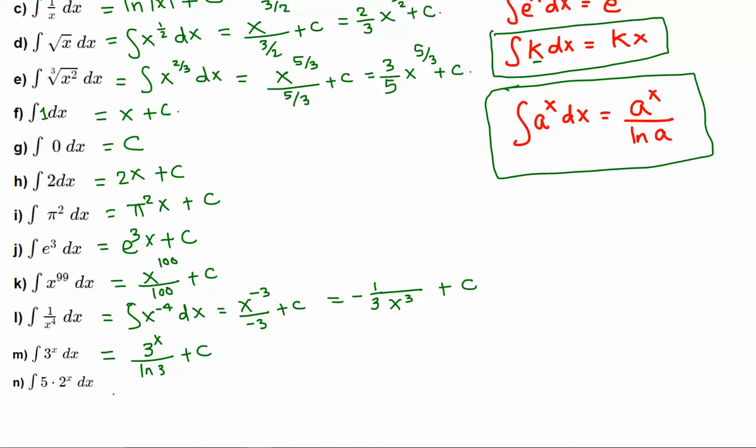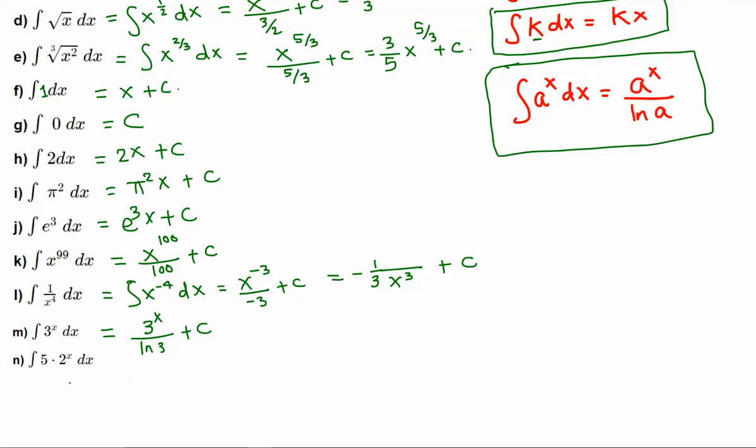And finally N. This is similar to M, but this is 5 times 2^x. We cannot multiply 5 times 2 here, but 5 can be pulled outside. It's just a constant, so it can be pulled outside, and 2 raised to x. These are different. If we had 5 raised to x, then we could multiply and we would get 10 raised to x.